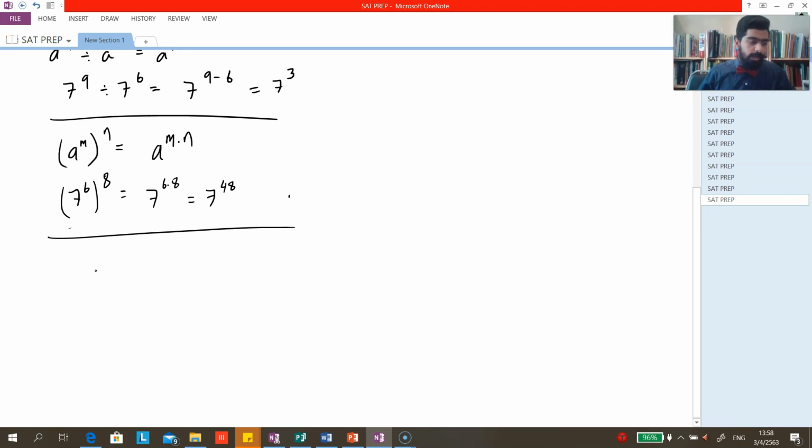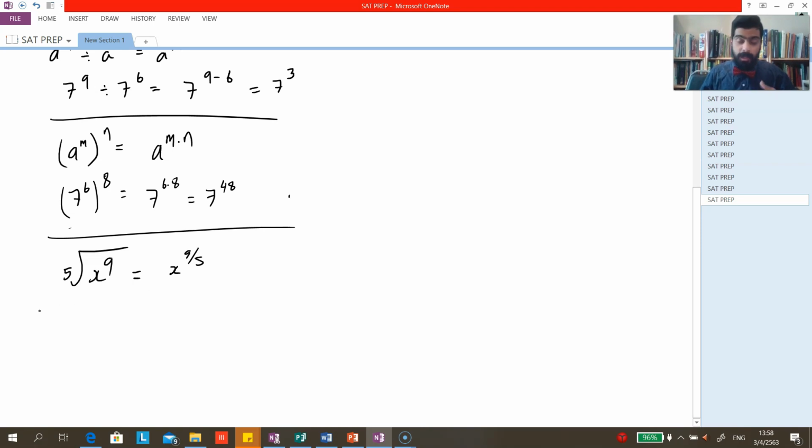Now let's look at radicals and how we can convert them to fractional exponents. Let us say I have the fifth root of x raised to the power of 9. We can write this as x to the power of 9 by 5, or 9 over 5.